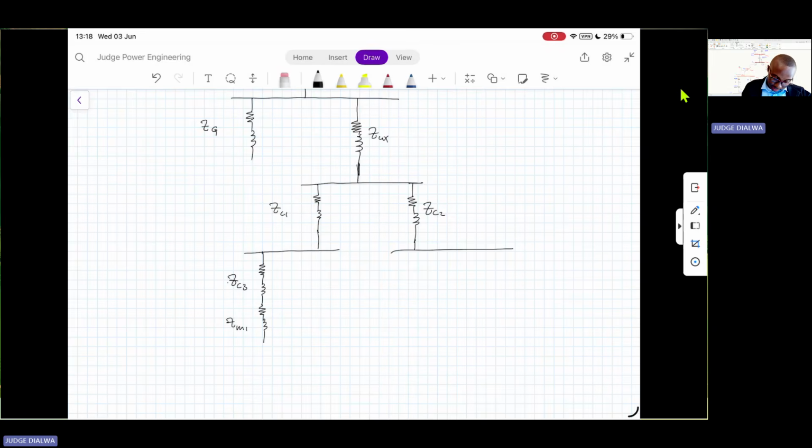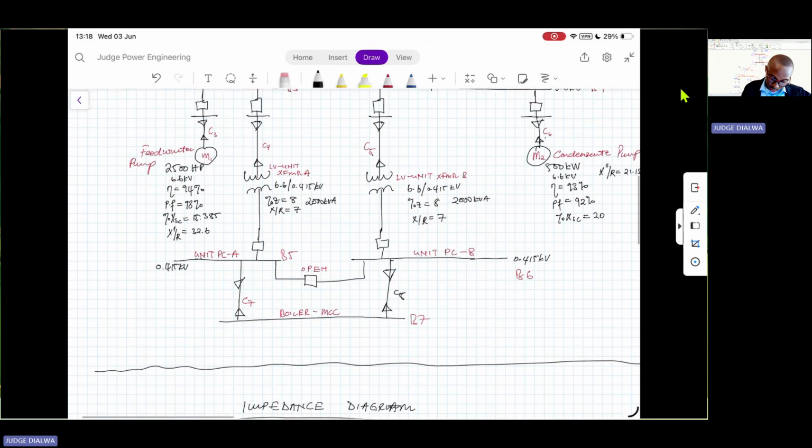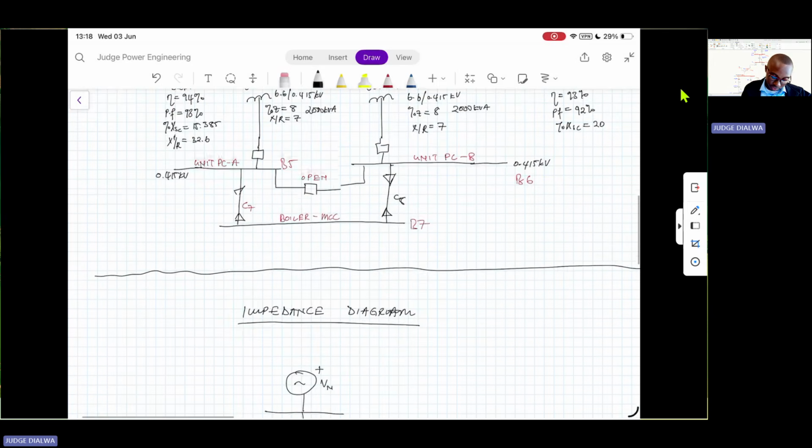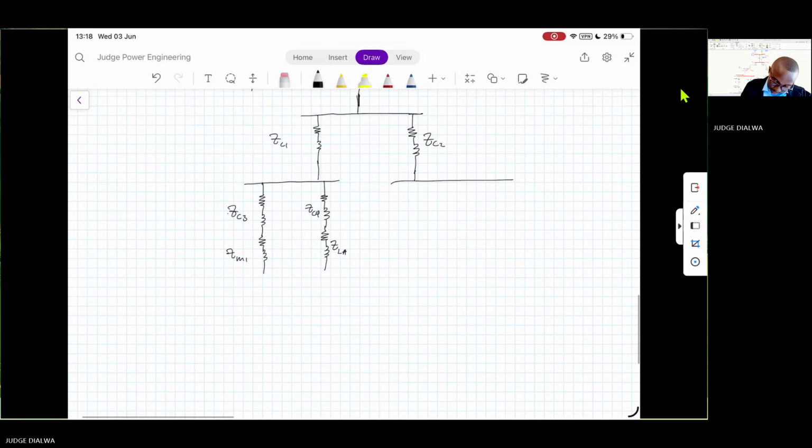And then right next to that, we have cable 4 in series with low voltage unit transformer. So this will be the impedance of cable 4. This will be our unit transformer. And then we have our PC board.